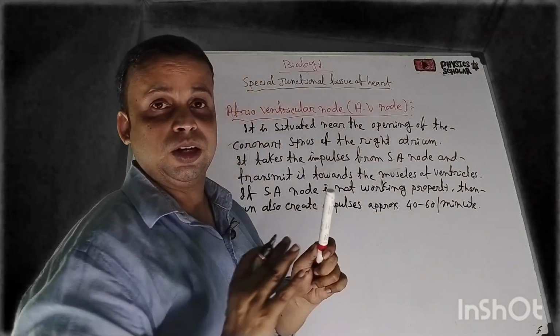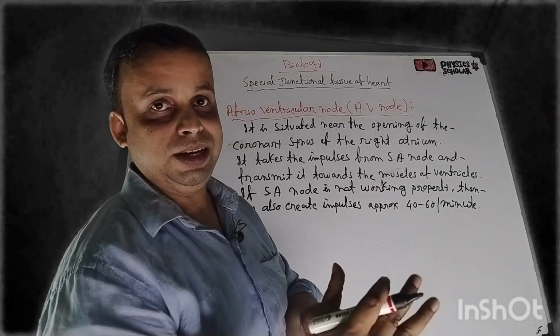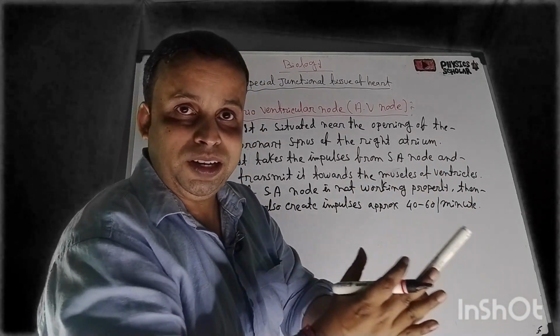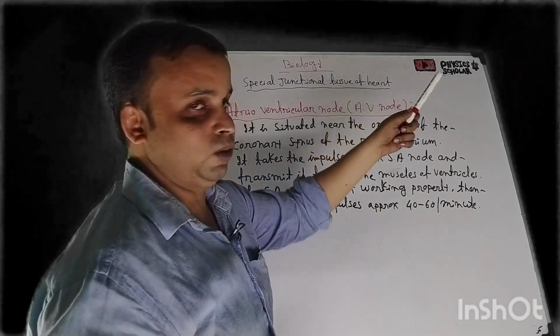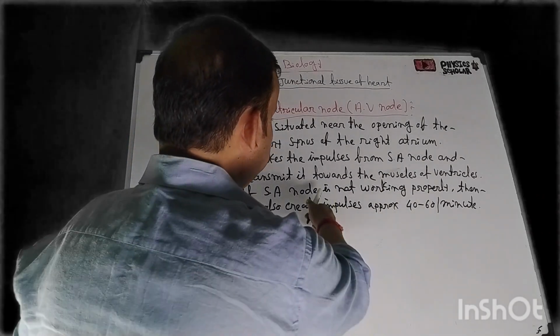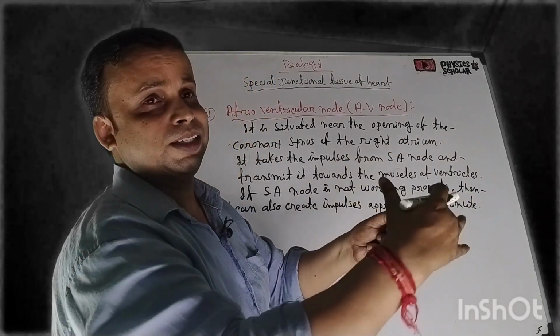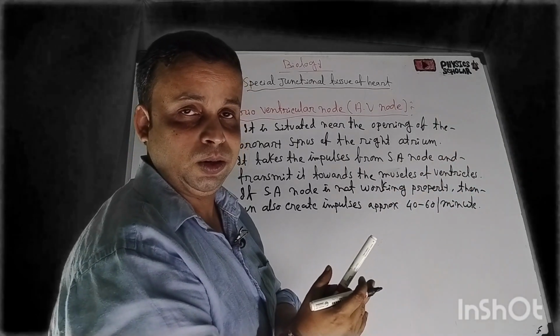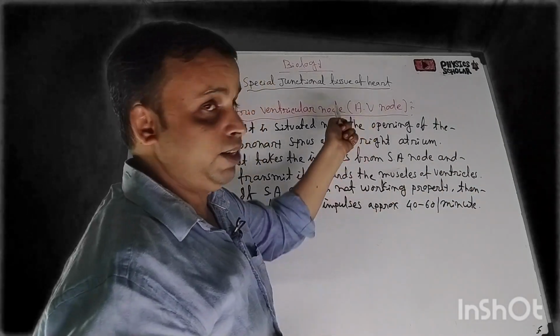Suppose the SA node is not working due to any fault. Then the supportive system the Almighty has created, the AV node, will come into action and create the impulses, approximately 40 to 60 impulses per minute. The SA node gives 60, 70 or 80 impulses per minute depending upon the health condition of the person, which I already discussed.